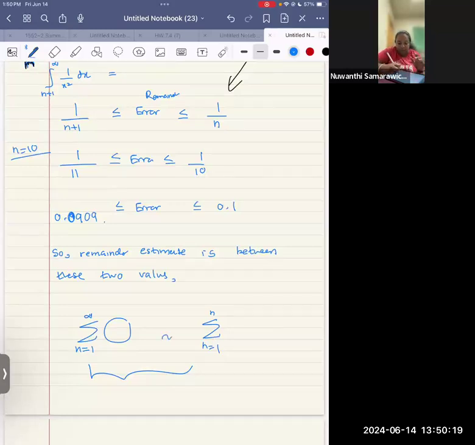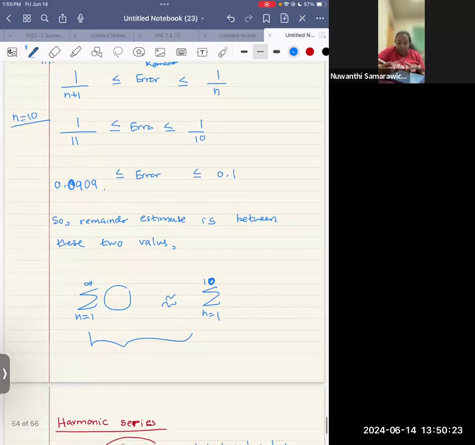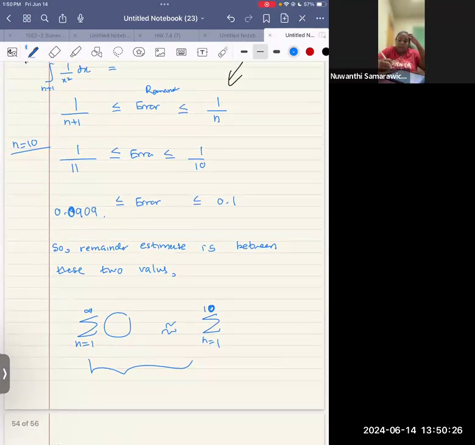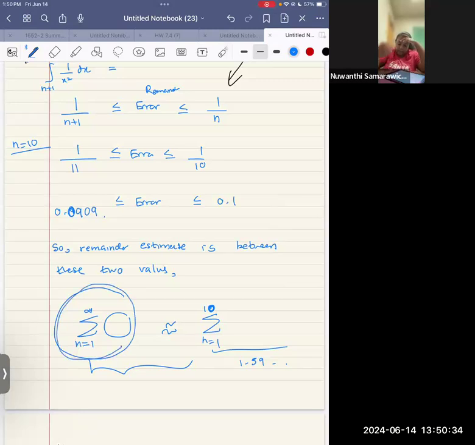We said approximately, if we take this from 1 to 10 terms, it is 1.59 something. But if the series goes to infinity, you get another value. Then what is the difference? That's called the error. To find the error only, we use this remainder estimate part. That's why we learned this.